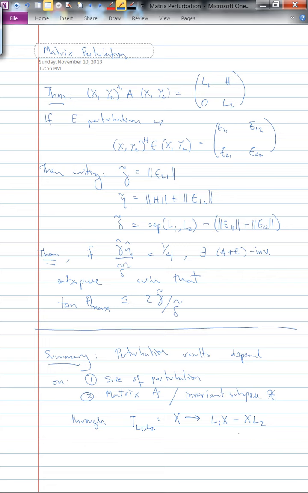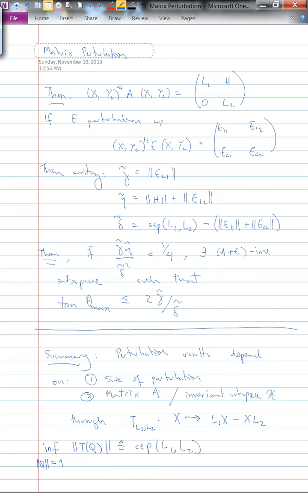And recall that we've seen various properties of it, namely that T is non-singular as long as L1 and L2 have disjoint spectrum. And recall that we had defined the separation to be this measure of how far apart L1 and L2 are, measured through T.